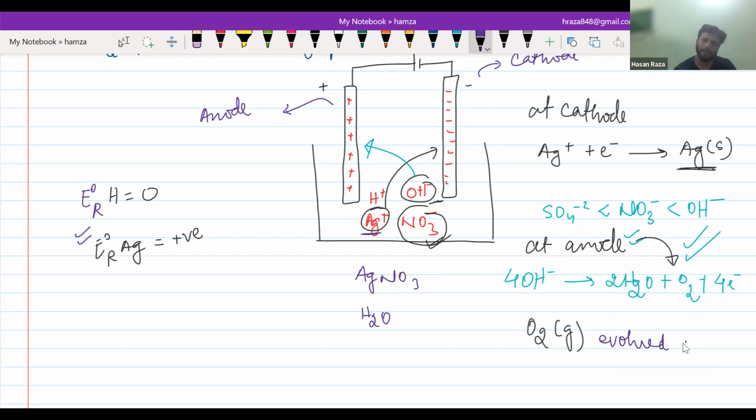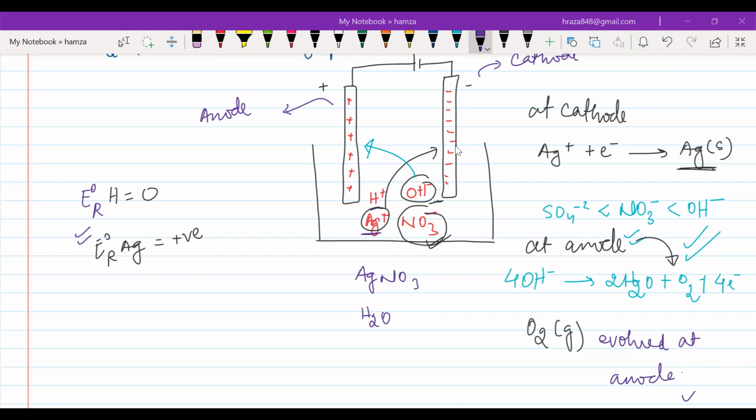Evolved at anode. So, Nafisa and Sneha, you are going to do the next one, NaOH. Concentrated H2SO4, when we talk about concentrated H2SO4, I will explain that. That is very, very easy.